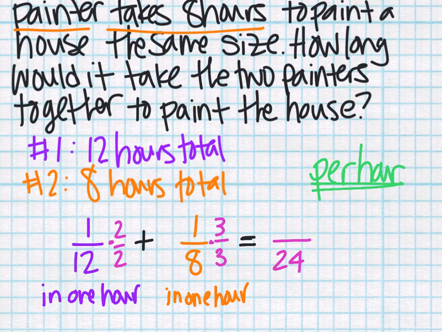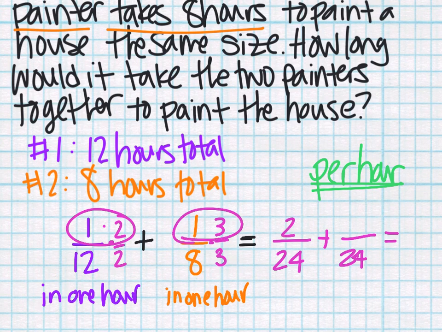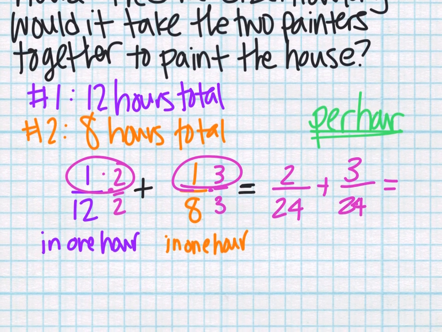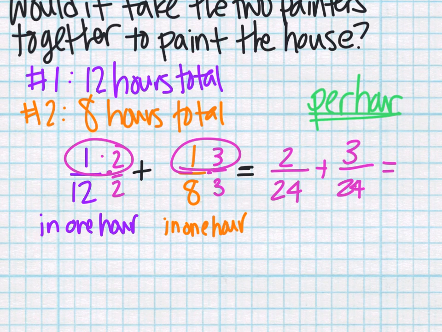So 12 times 2 is 24, so then I have to multiply 1 times 2, so I get 2 on the top. And then 8 times 3 is 24, multiply 1 times 3, I get 3 on the top. So in 1 hour, working together, these two painters can paint 5/24 of the job in 1 hour. Seems a little weird, but that's okay.